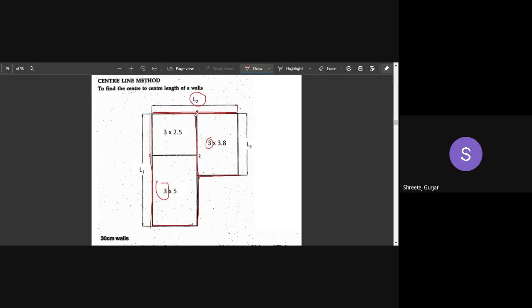So L2 will be 6. If you add this wall plus this wall, it will be 3 meters plus 3 meters, which is also 6 meters. So we take L2 as 2 in number, this one wall we consider, and this wall we consider as 1. This is why we consider L2 as 2 in number, and L3 also similarly 2 in number, and this is one individual wall.